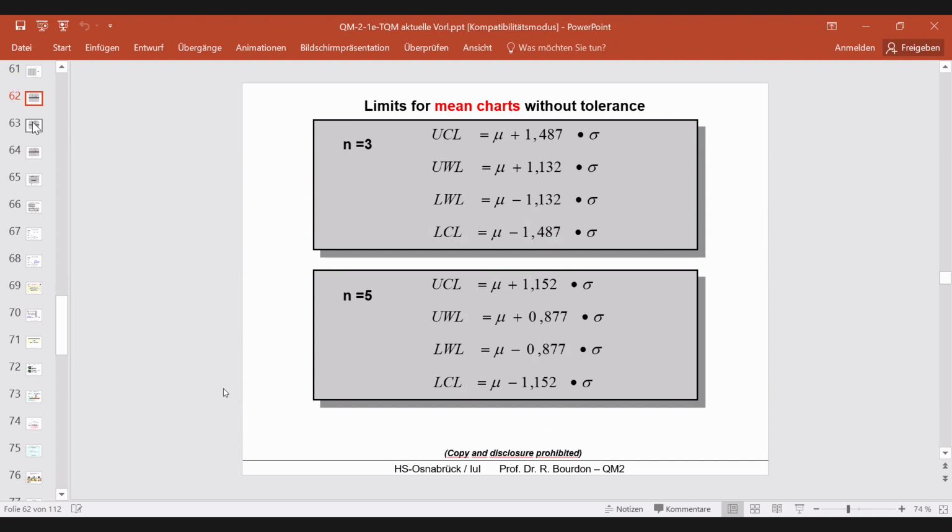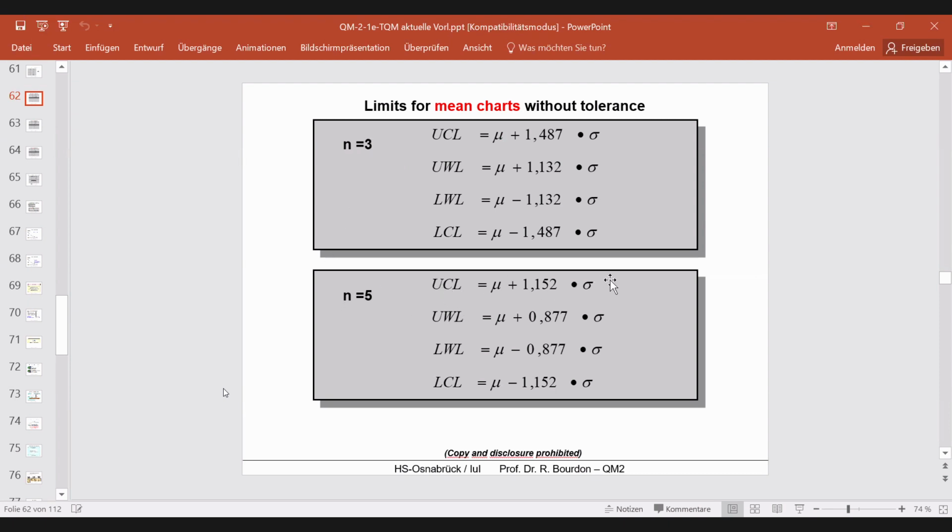Now, these sheets, I took it here. I took it in the strip. Here you see the warning level limits and the specification, the control limits of control charts. This is here an example for mean charts without a tolerance, regarding if the sample size is 3 or if the sample size is 5.